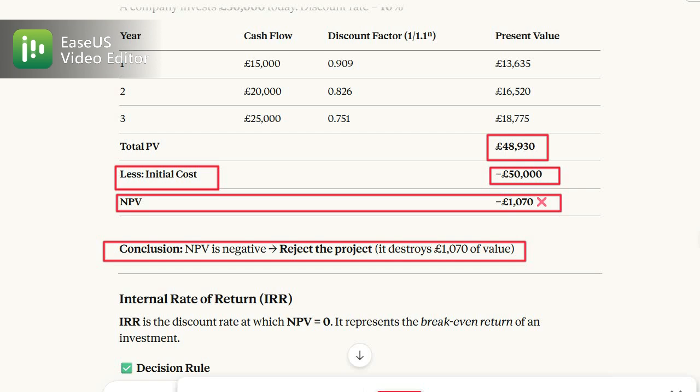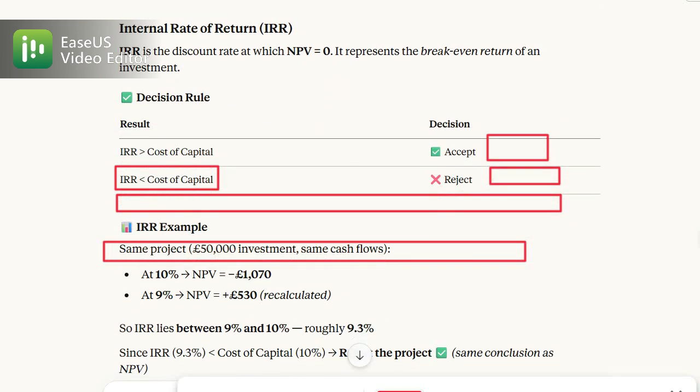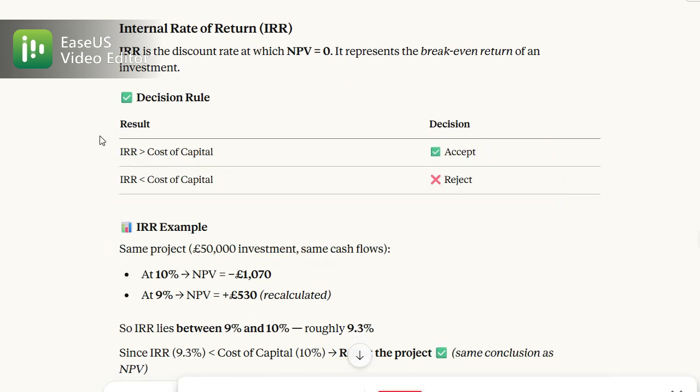We have another tool, and that is the internal rate of return, which we call IRR. IRR is the discount rate at which the NPV is equal to 0. It represents the break-even return of the investment.